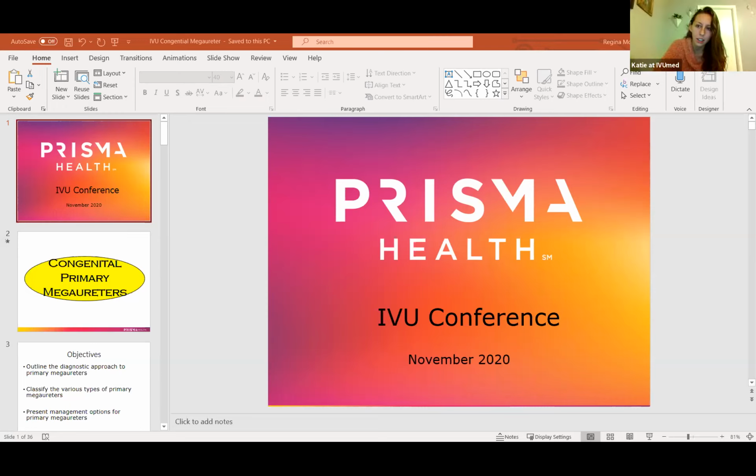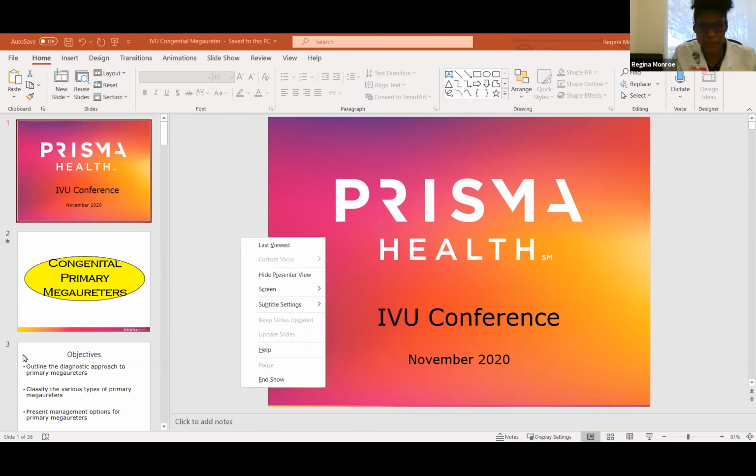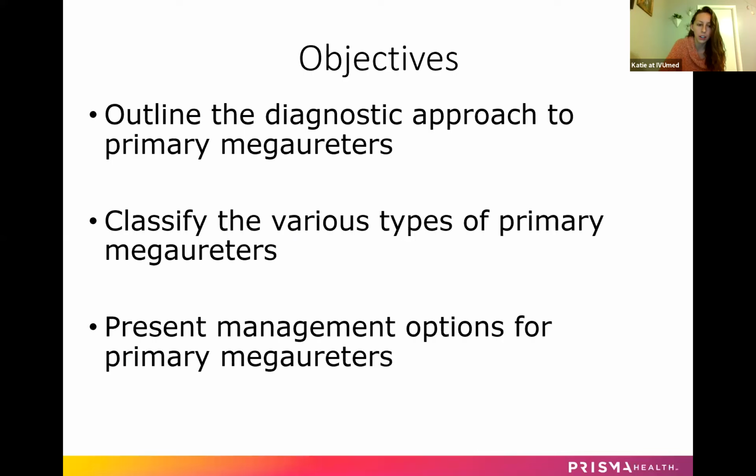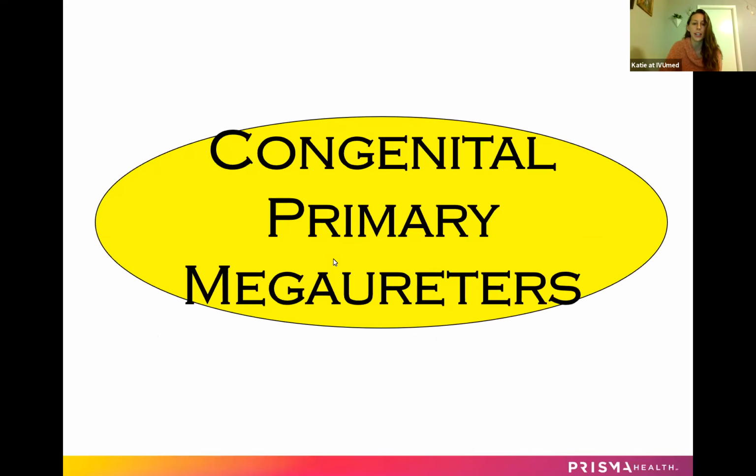Or are there two windows open? I have a split screen here. Now we see objectives.